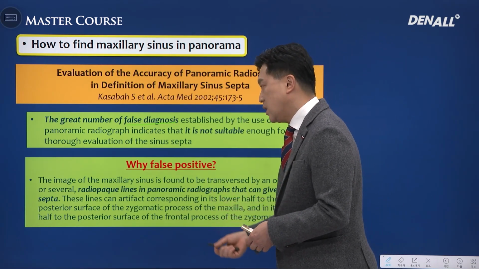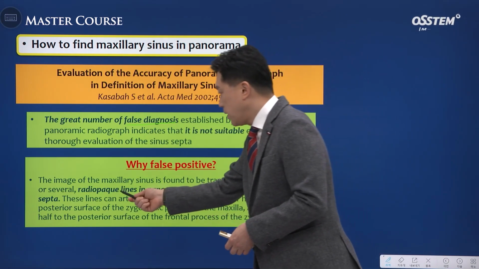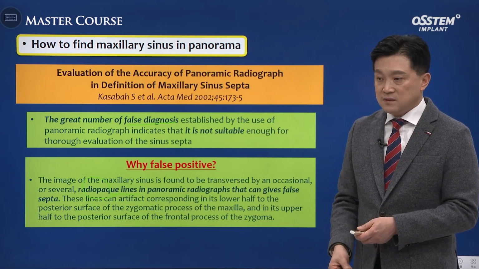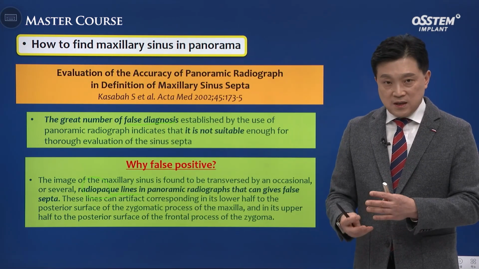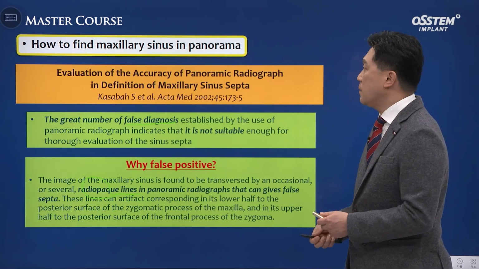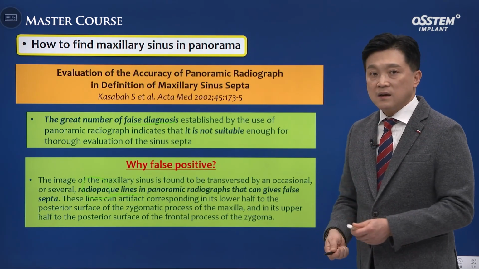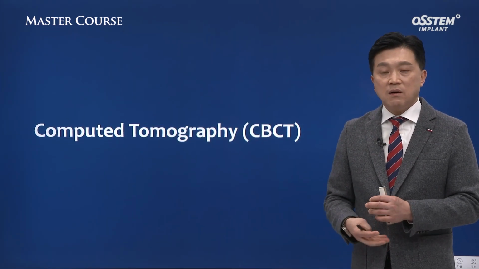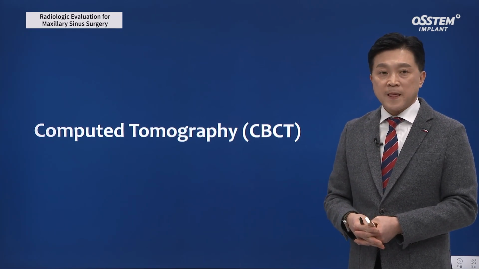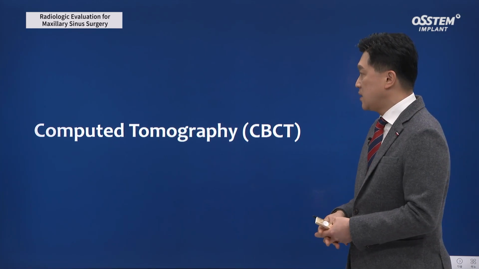We can get the wrong sense. And all these overlapping structures have a radio-opaque line. In determining accurate outline of the sinus, you will not be able to do it accurately with just a panoramic image. Hence, we need to use a CBCT for diagnosis as well, cone beam CT.